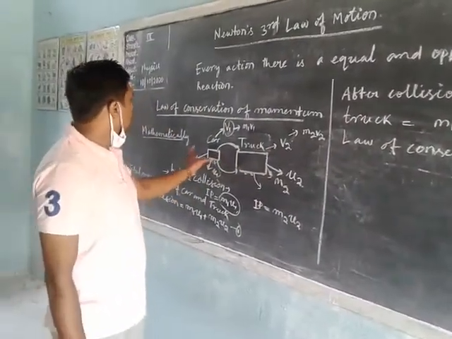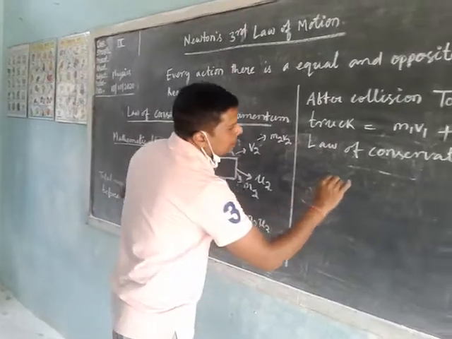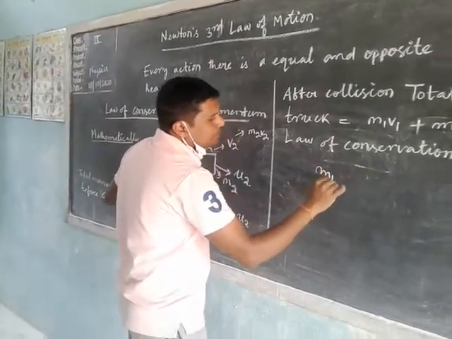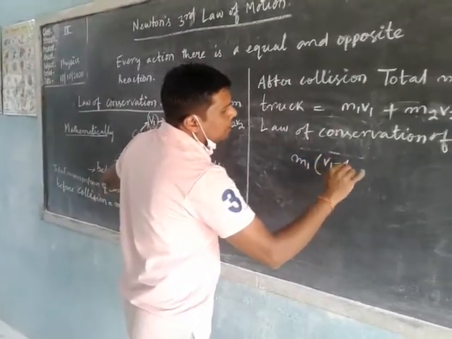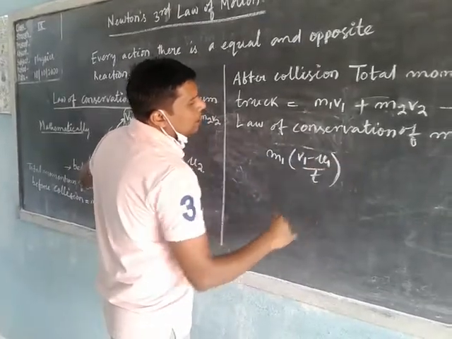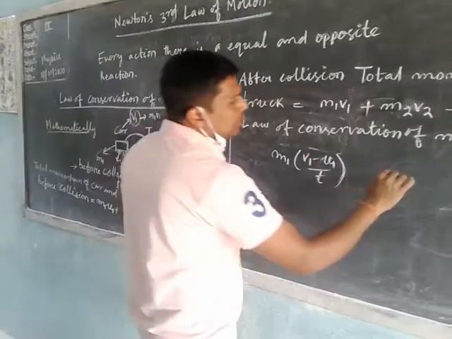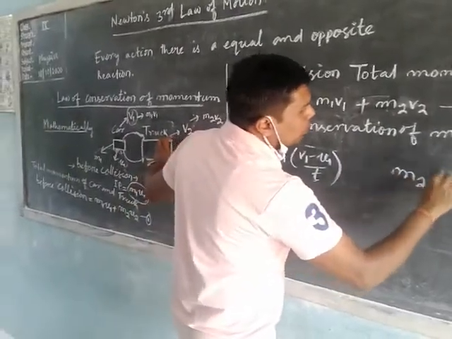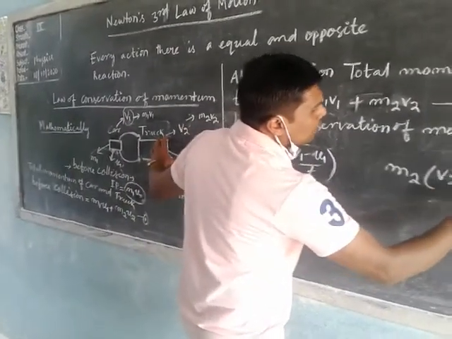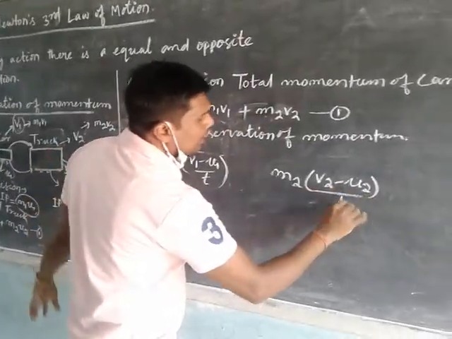The change in momentum of the car is m1 (v1 minus u1) over t, and the change in momentum of the truck is m2 (v2 minus u2) over t.